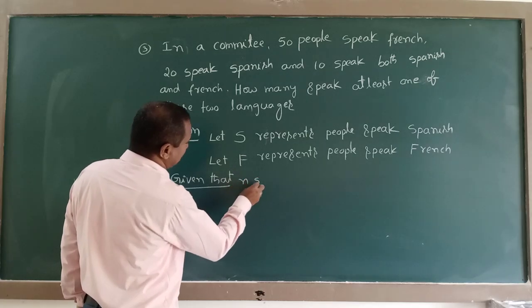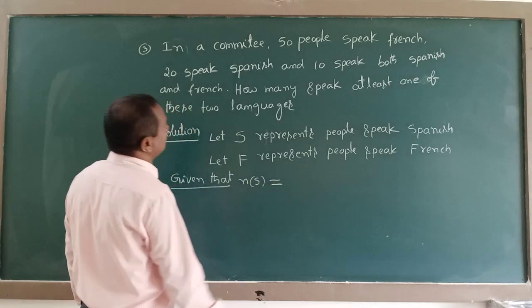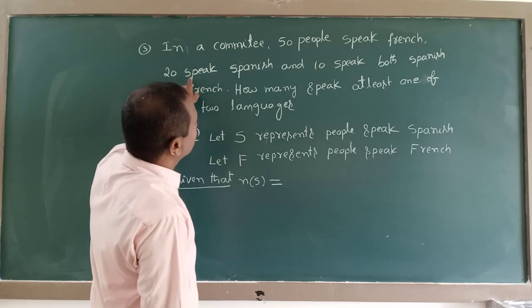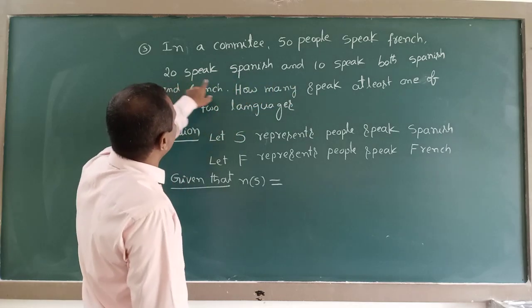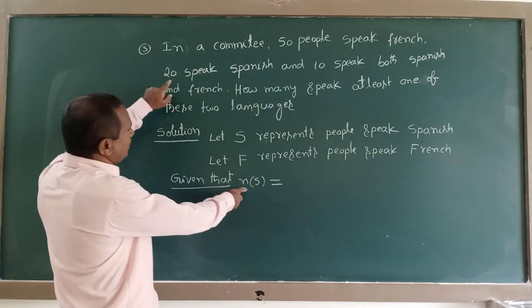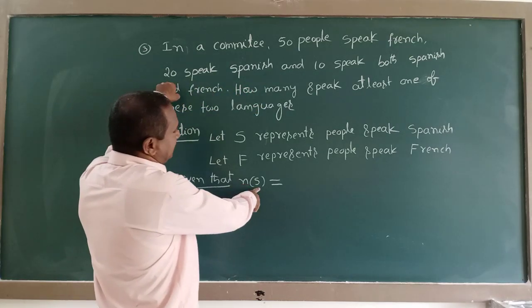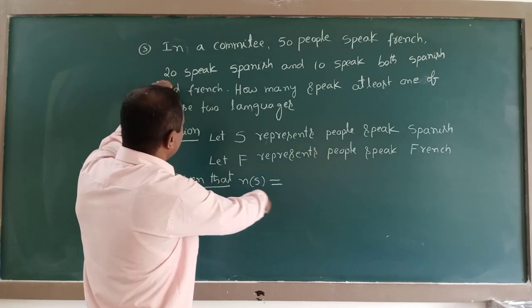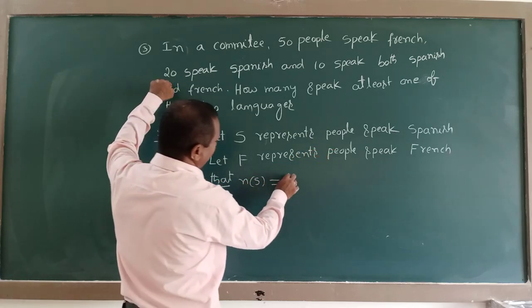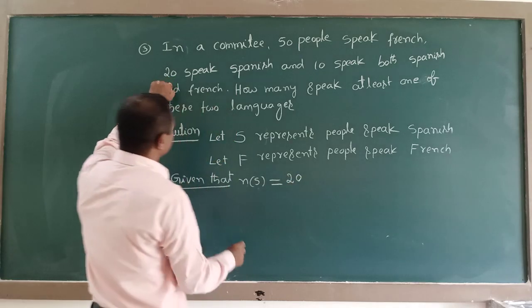n of S is equal to, they gave here 50 people speak French and 20 people speak Spanish. Now we represented capital S as people who speak Spanish, so we write n of S is equal to 20.